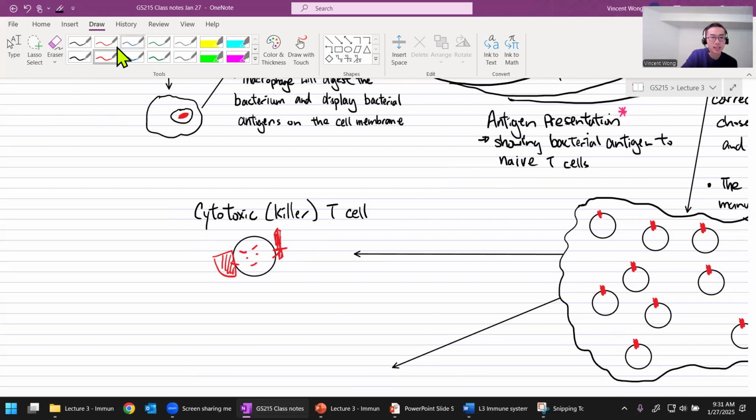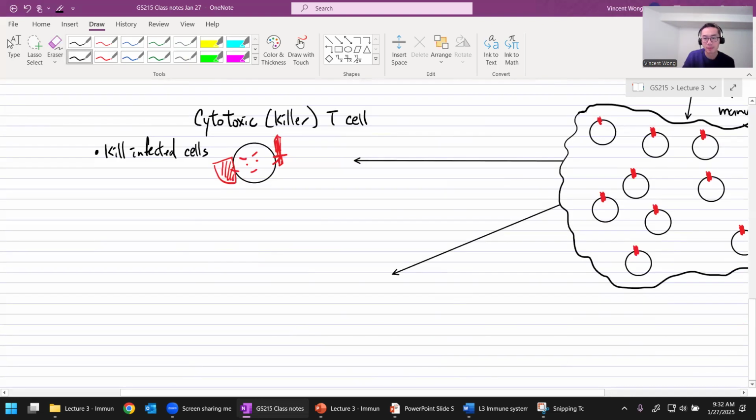And what it does is it will kill infected cells. It sounds very similar to natural killer cells, yes, but again, it's different branches. So they will kill infected cells. Some of the naive cells will become that.